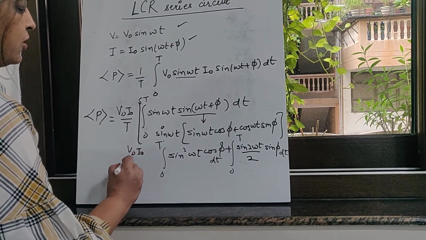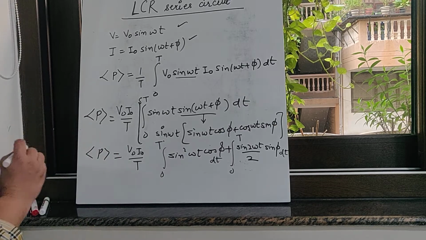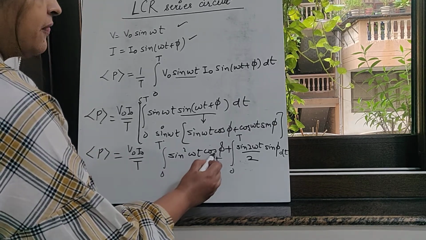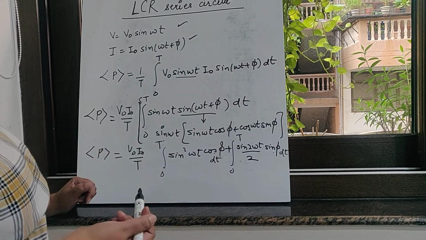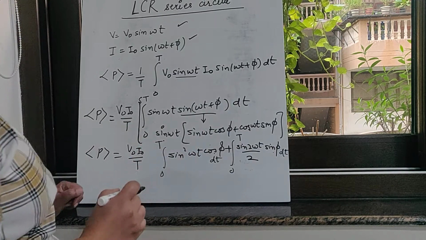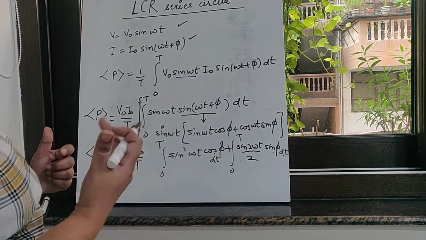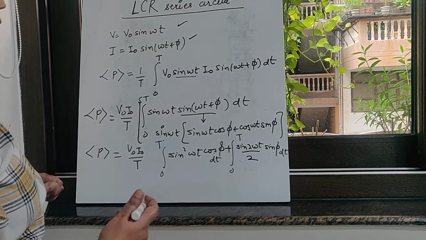So this is V naught I naught by T, and average power consumed over the cycle is this much. Now all of us know that cos phi is constant and sin phi is constant because phase angle phi would have some value, and obviously depending upon that value, cos phi and sin phi will have some numeric value, and they can be taken outside the integration.